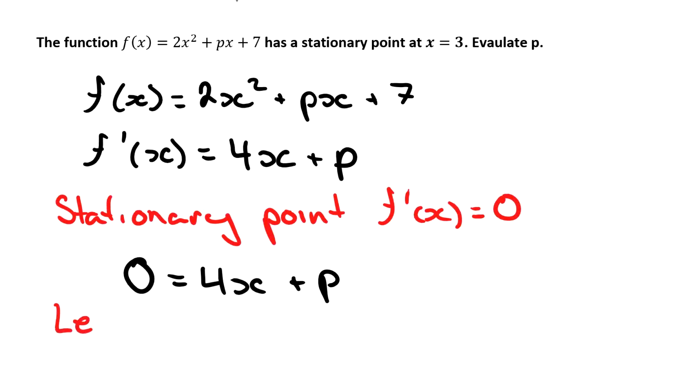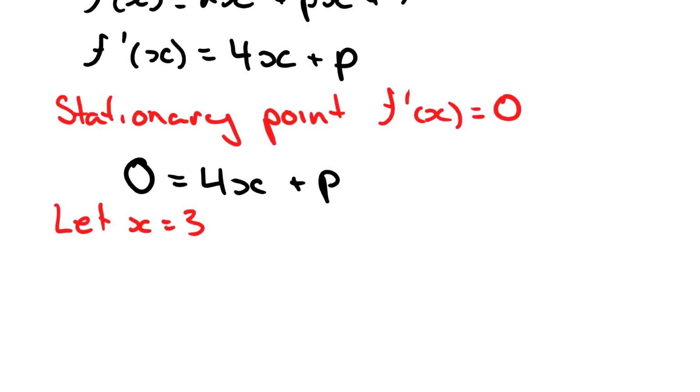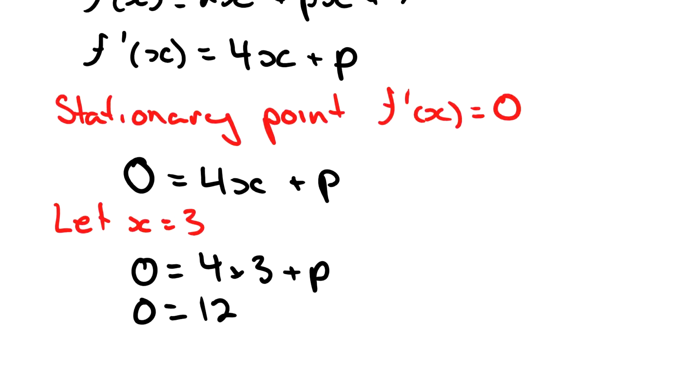So I can say let x equal 3, because that was up here. Now I can go 0 equals 4 times 3 plus p. So 0 equals 12 plus p, minus the 12 from both sides. That cancels out, and I get p equals negative 12. So there, I found that.